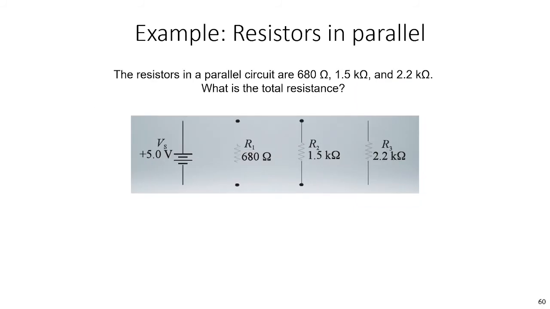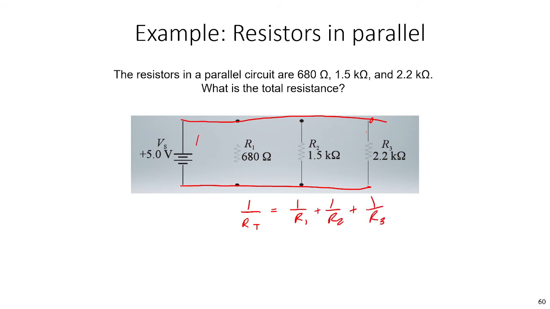And for resistors in parallel, here, right? For resistors in parallel, 1 divided by total resistance would be 1 by R1 plus 1 by R2 plus 1 by R3, right?